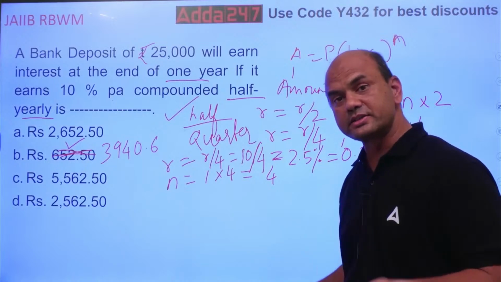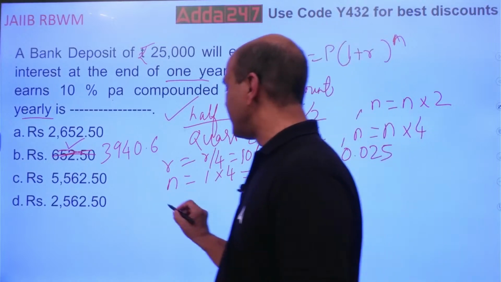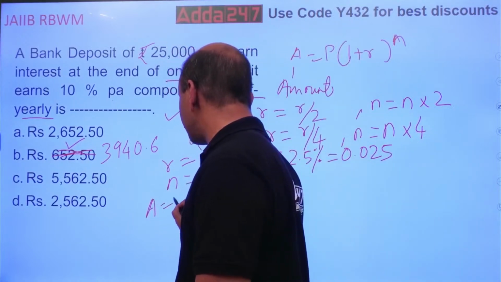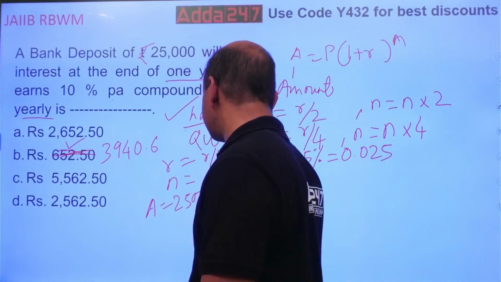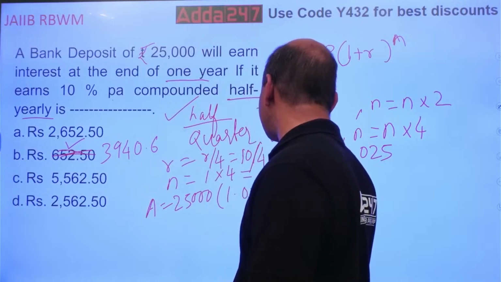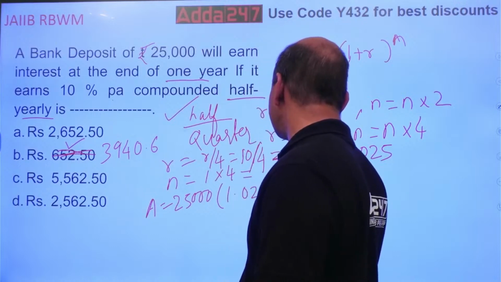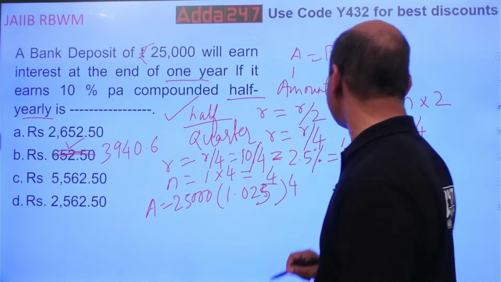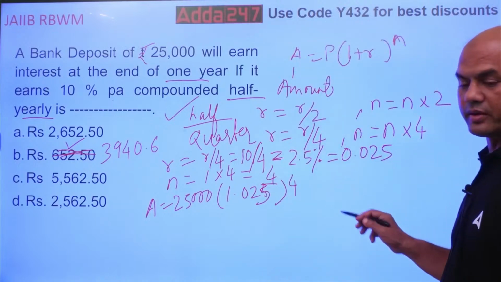So now what is the answer? Check out for A. A equals P, which is 25,000, into 1.025 raised to 4.